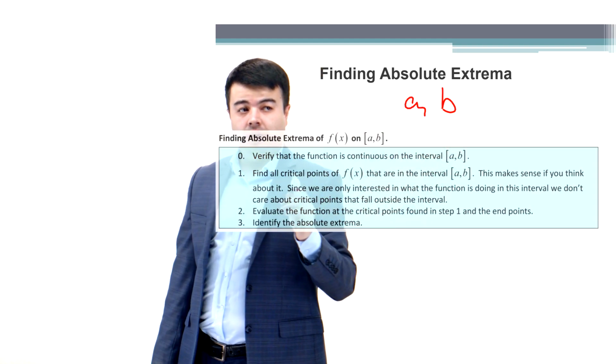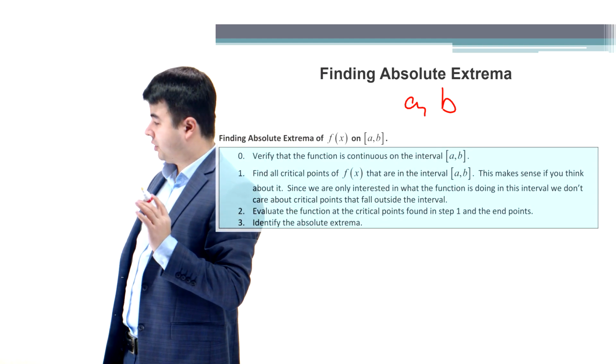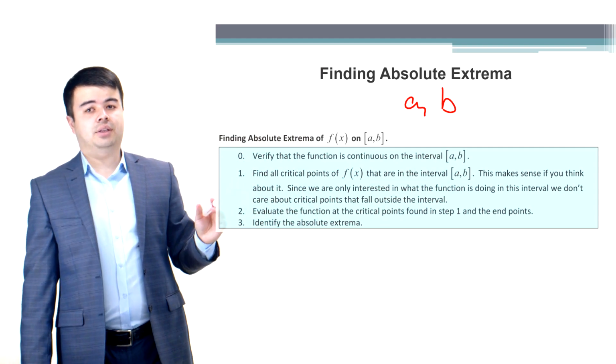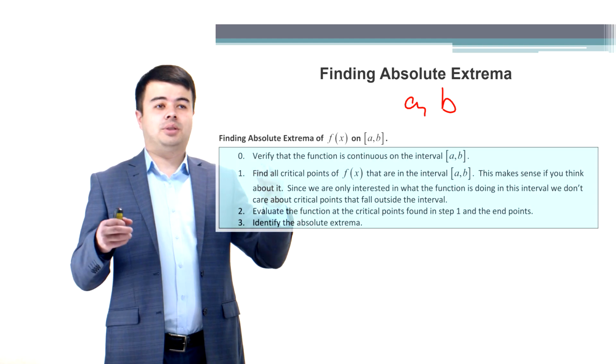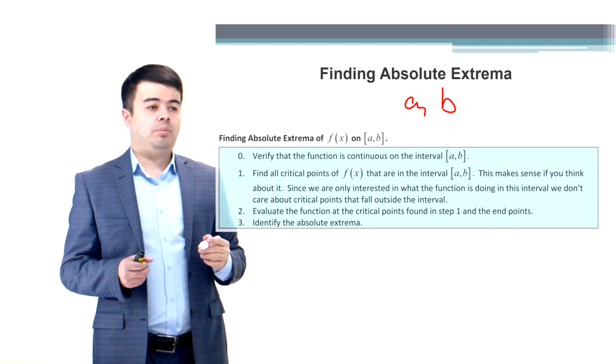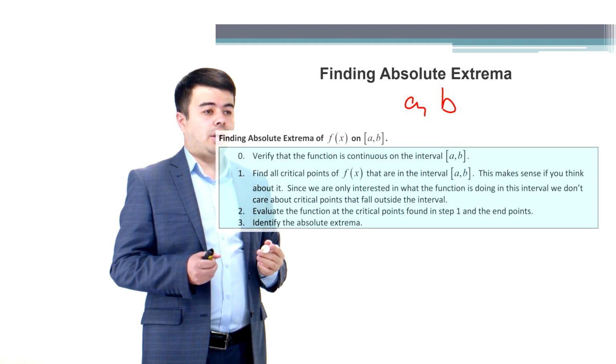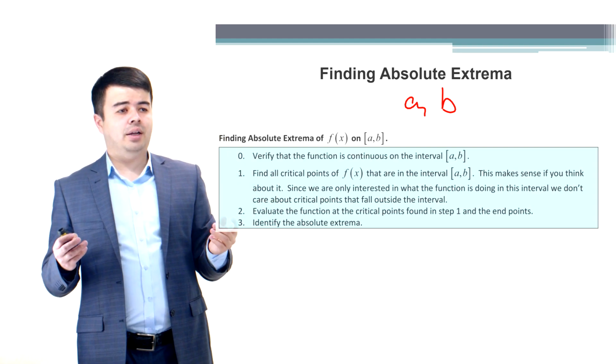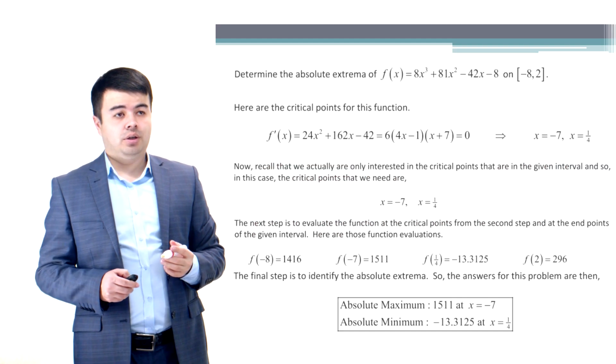So again, we need to find all critical points, then find the corresponding values at these points, and of course the corresponding values at the endpoints. Then identify the absolute extrema.